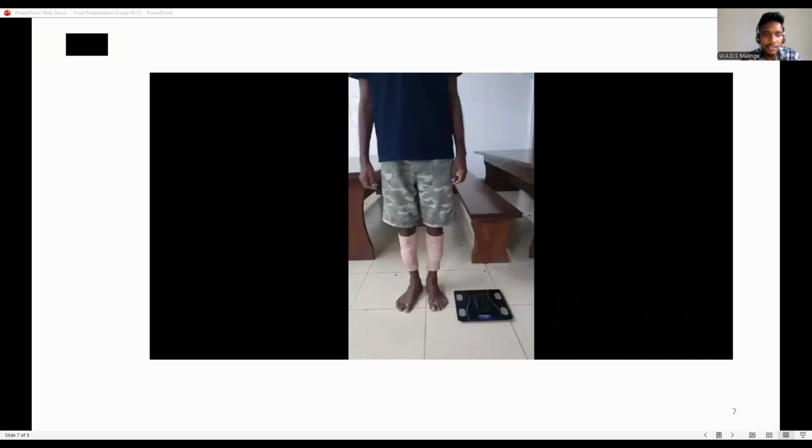When the person starts walking, the sensor continuously captures motion data such as acceleration and angular movement. This data is transmitted to the ESP32, where it is collected and processed. I will play the video.